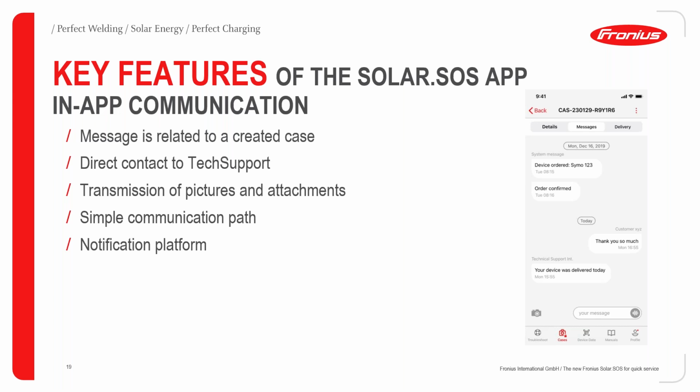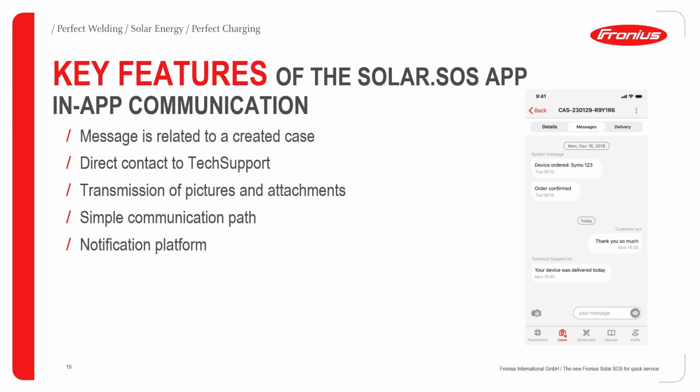You don't have to do that, because you simply open your SolarSOS, your desktop version, your SolarSOS app, enter your case, and then you find under messages here every message you had in this case with the tech support written down here. So it's not necessary to search anymore for any messages you had with us, with the tech support.